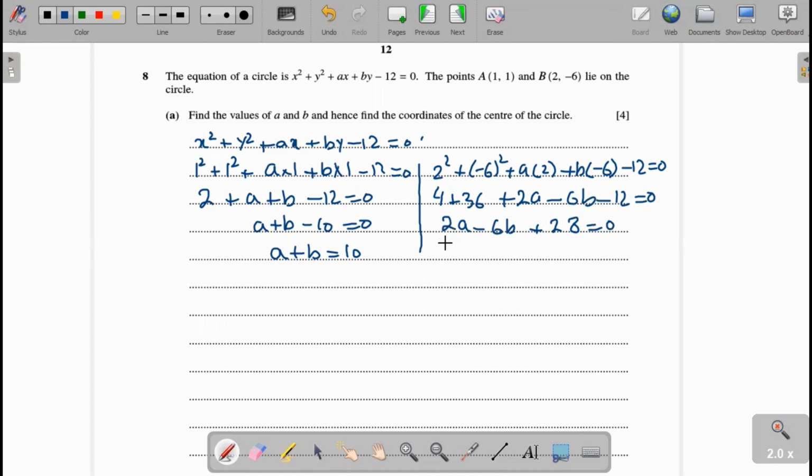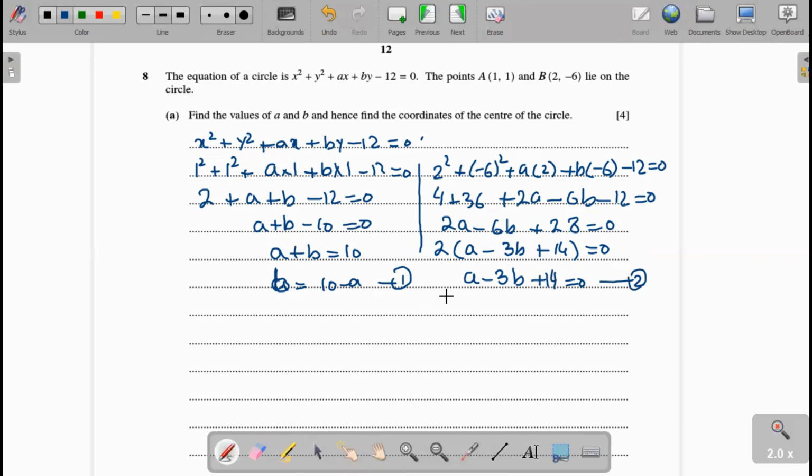Now we take 2 as common: a minus 3b plus 14 equal to 0. Now we can write b is equal to 10 minus a. This is equation 1, this is equation 2.